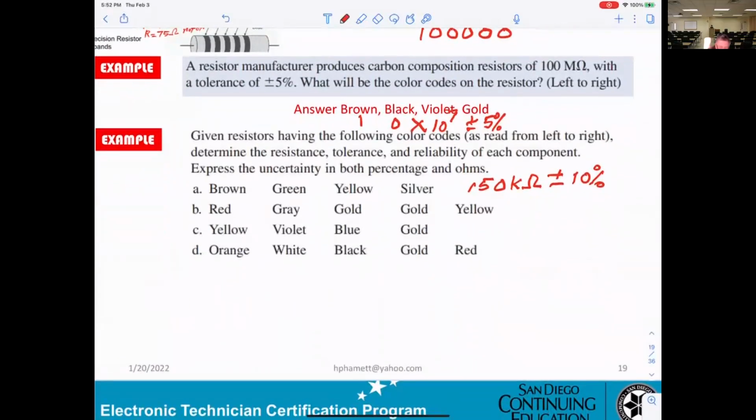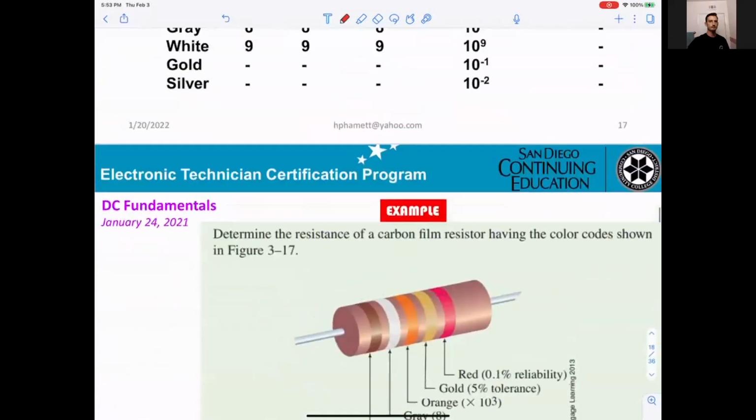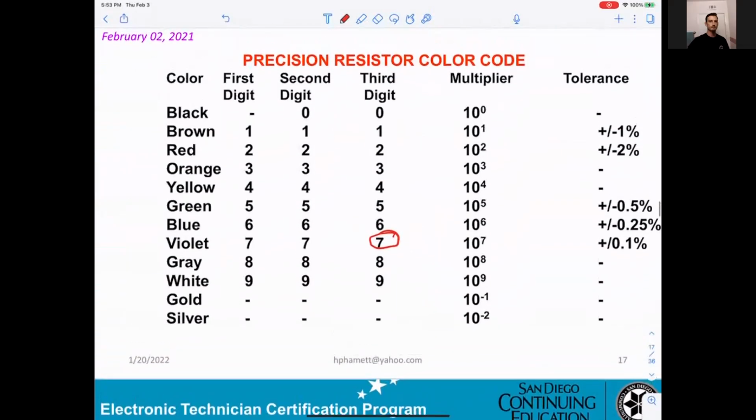Okay, brown is what number? 1, 1, 1. Green, 5, 5, 5. Yellow, multiply by 4, 10 to the 4th. You get 1, okay. You get 5, okay. But yellow multiplies by what number? Ten to the 4th. Yellow, 10, 4, right?